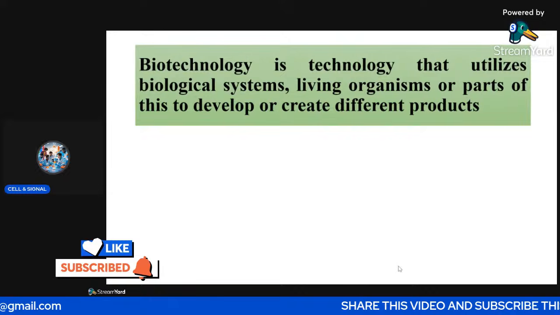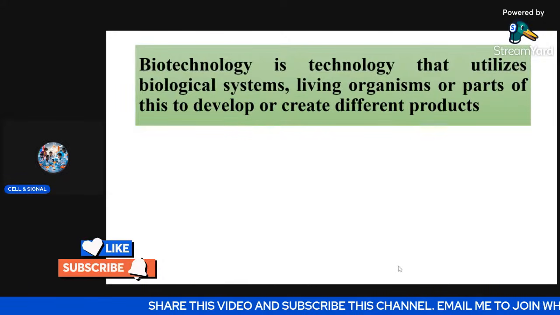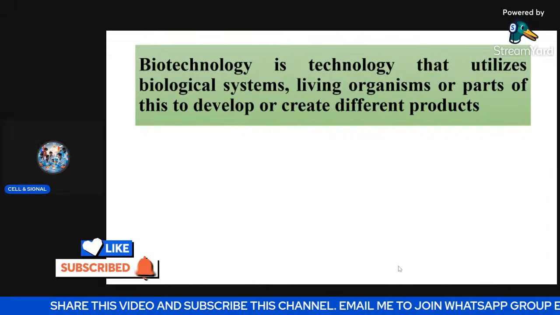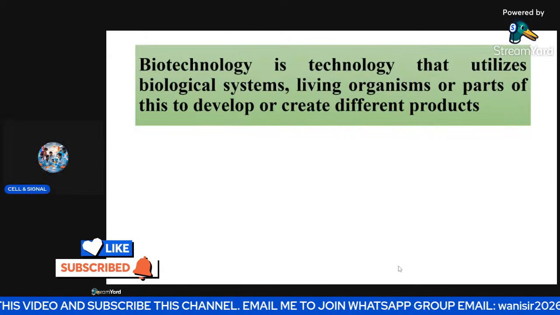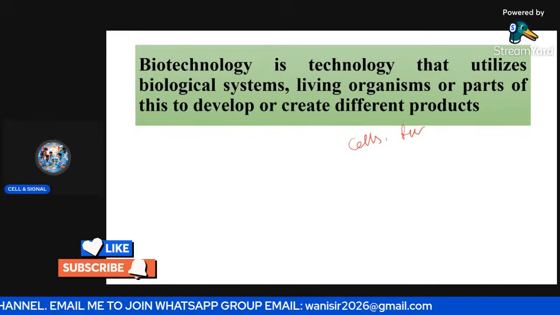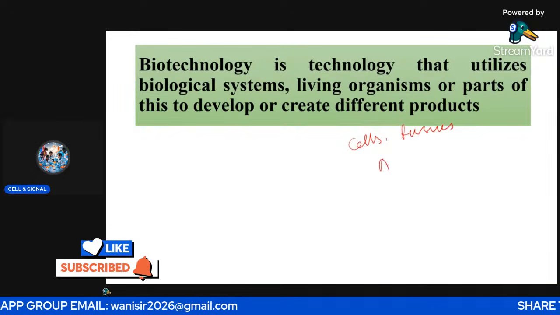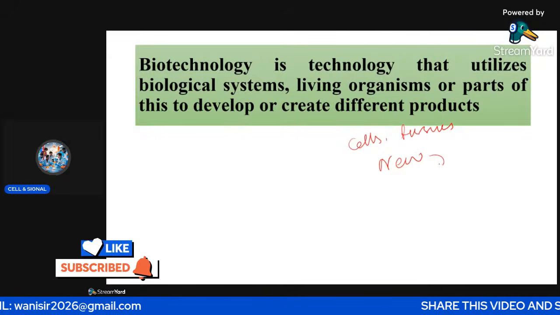What do you understand by the part of this? That means we can utilize different parts, for example cells, tissues, to develop a new product. For example, what can be a new product?